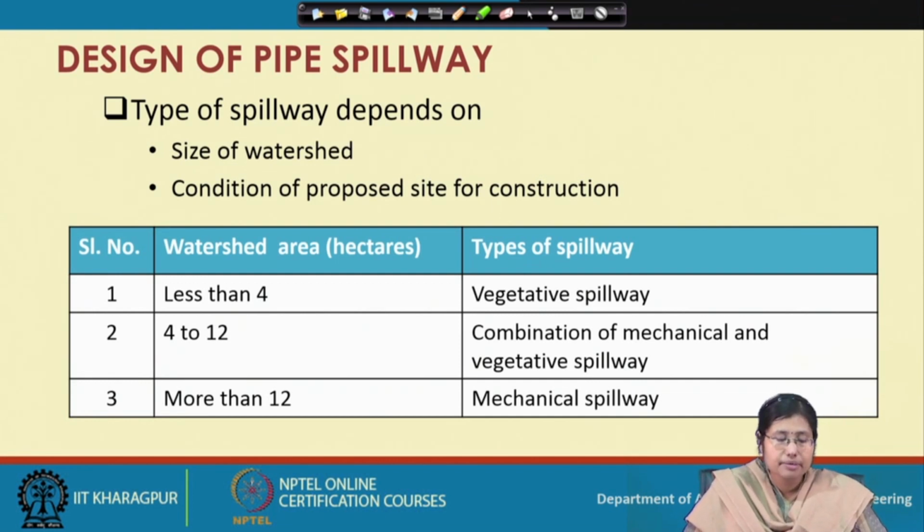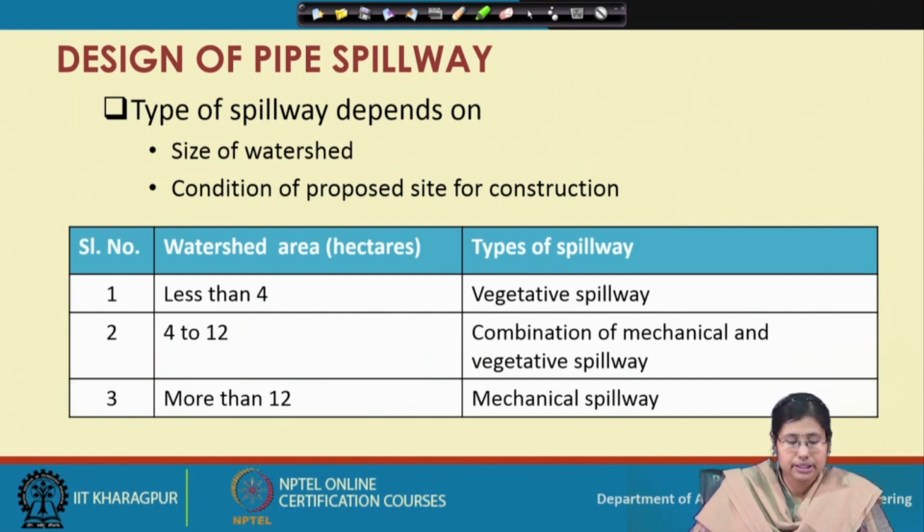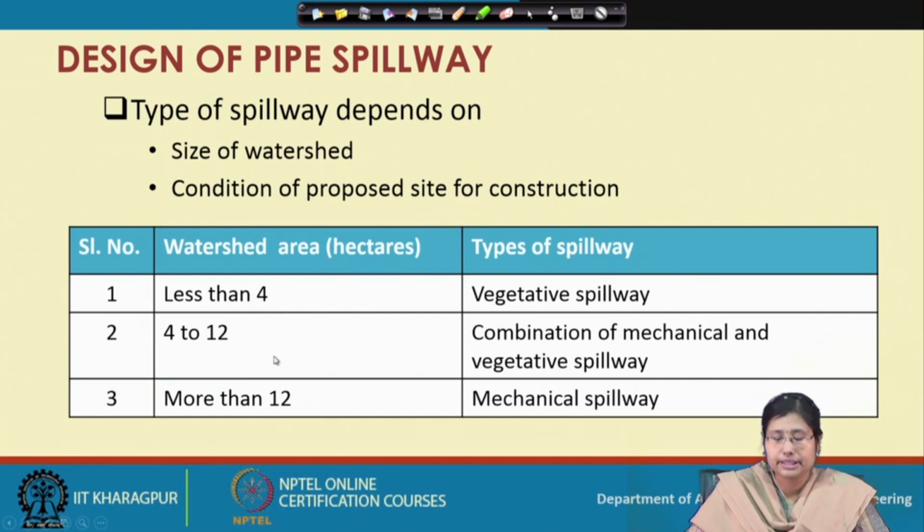But in the case of medium watersheds, listed here as between 4 to 12 hectares, a combination of mechanical and vegetative spillway is to be provided. And where the spillway structure is larger, that is more than 12 hectares, a mechanical spillway structure is to be provided to withstand the load of the huge capacity of water.